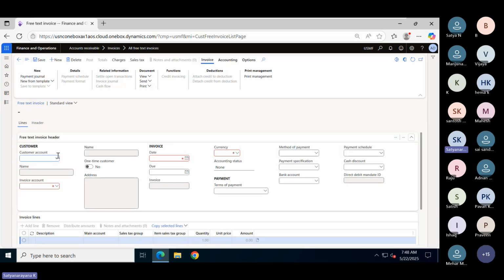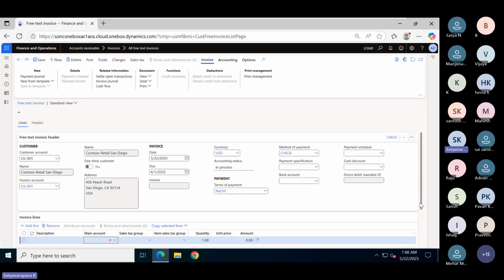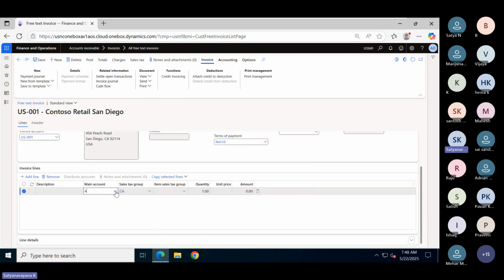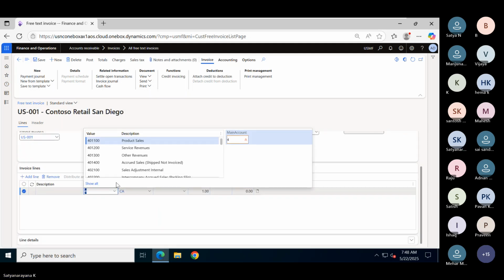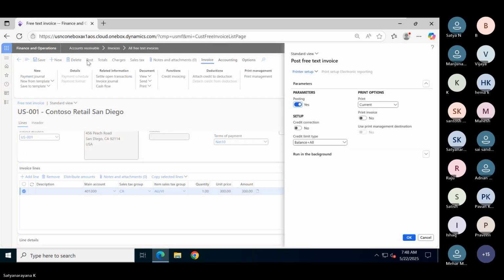Select the customer account, and select the revenue account. The revenue account is a 4 series account. Here I'm entering other revenue, 300. Now I'm posting. Click OK.